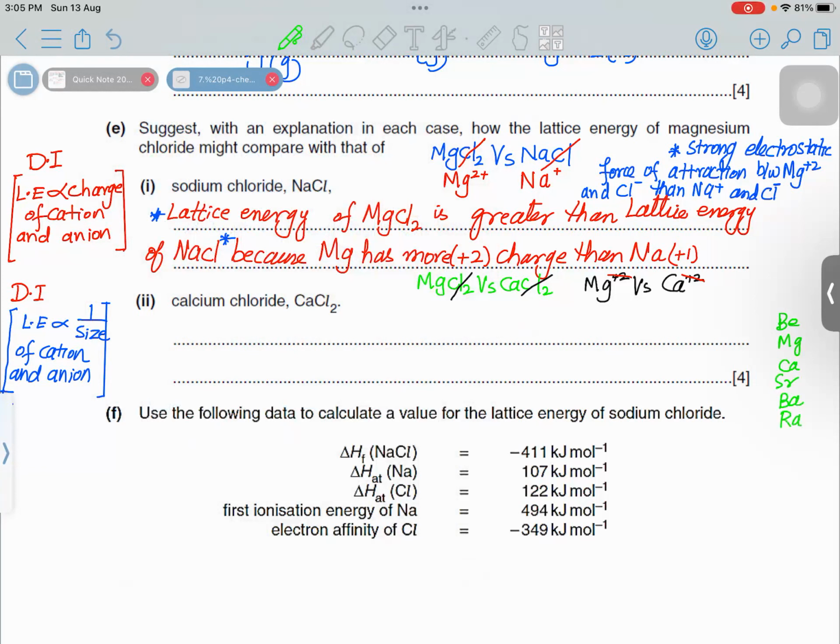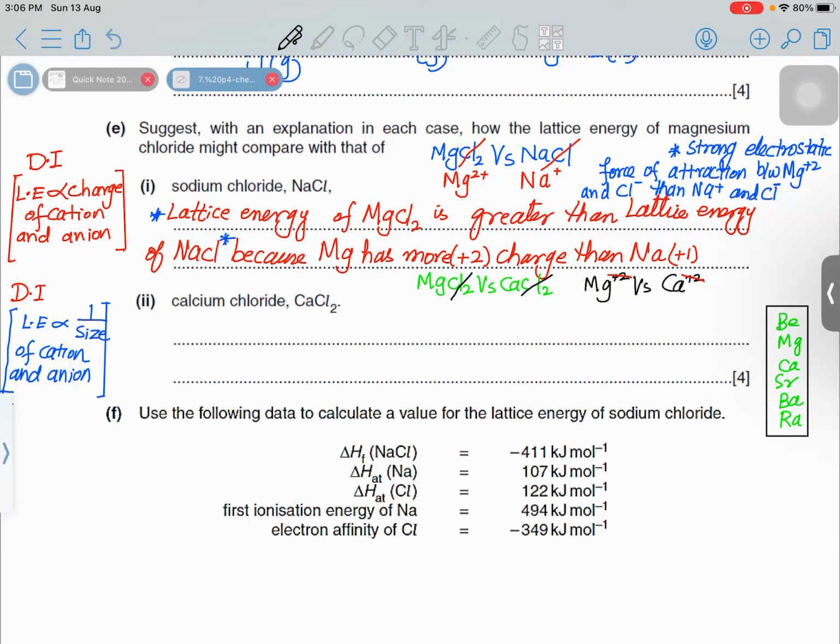So which one has a smaller radius? So beryllium. No. Between magnesium and calcium, which one has a smaller radius? So magnesium has a smaller radius. So lattice energy of magnesium chloride is greater than lattice energy of calcium chloride, because smaller size, more lattice energy. More charge, more lattice energy.